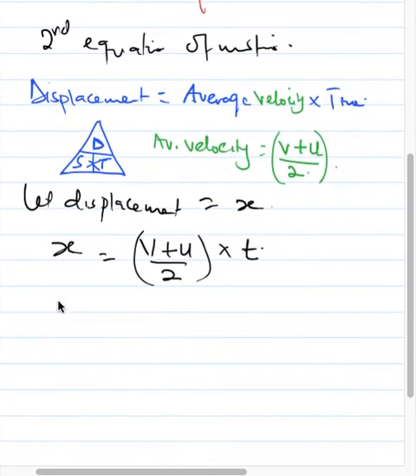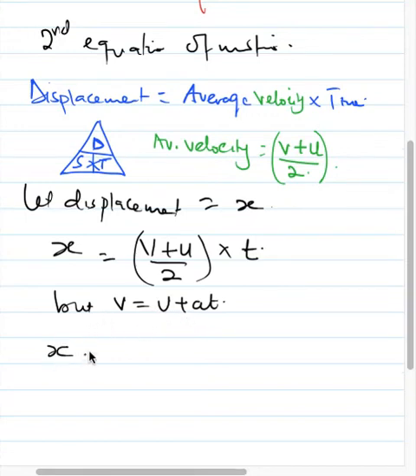But you remember from the first equation, v is equal to u plus at. So we can now replace the v with u plus at.